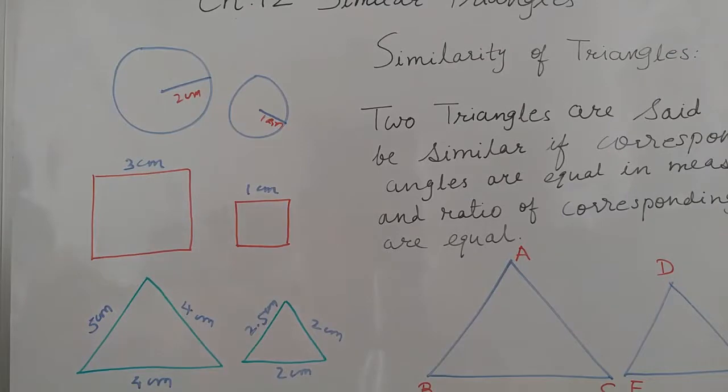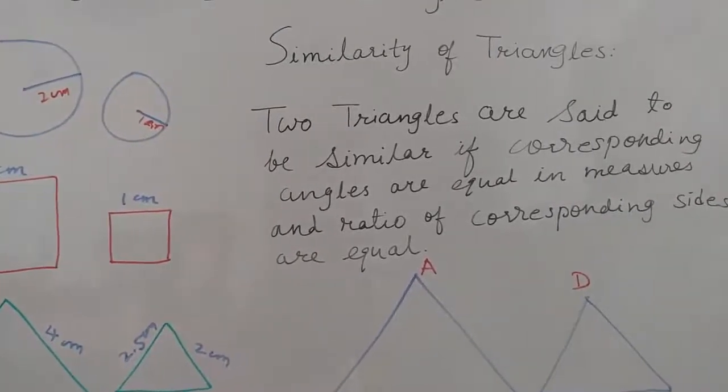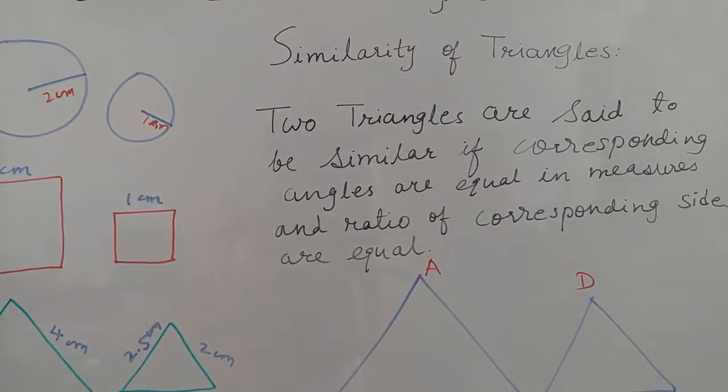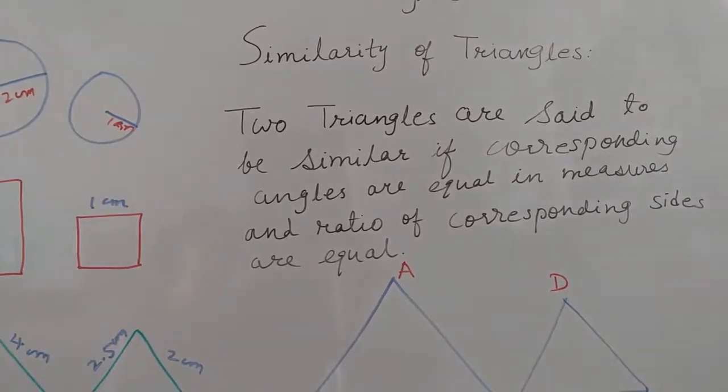So here I have written the definition of similarity of triangles. Two triangles are said to be similar if corresponding angles are equal in measure and the ratio of corresponding sides are equal. Let us understand by the figure I have drawn.